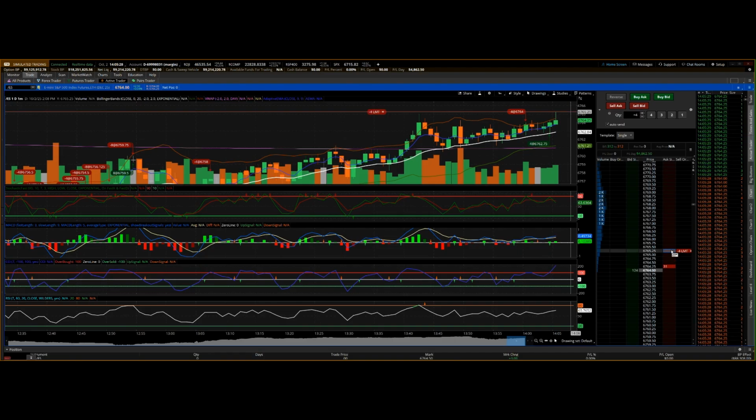I'm just gonna put the order here for now, and then we'll see if I have to adjust it. It's a pretty good bid. It's pretty good support there. Let's see what it does. This might get taken out. Just because it failed here doesn't mean that the next candle cannot skyrocket.